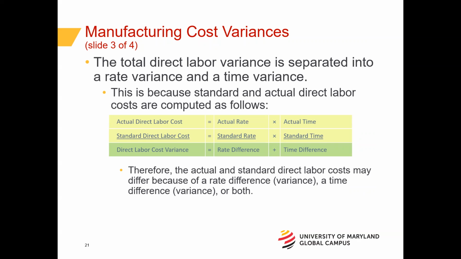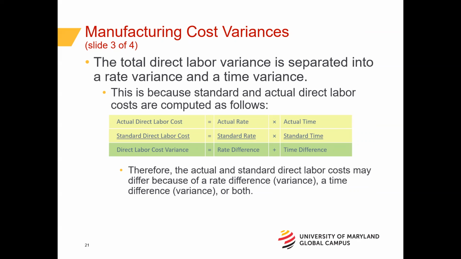Direct labor is separated into rate variance and time variance. When we talk about rate, we're talking about dollars per hour. When we're talking about time, we're talking about the standard time or the actual time. To find direct labor cost variance, first we find the actual direct labor cost and compare that to the standard labor cost.